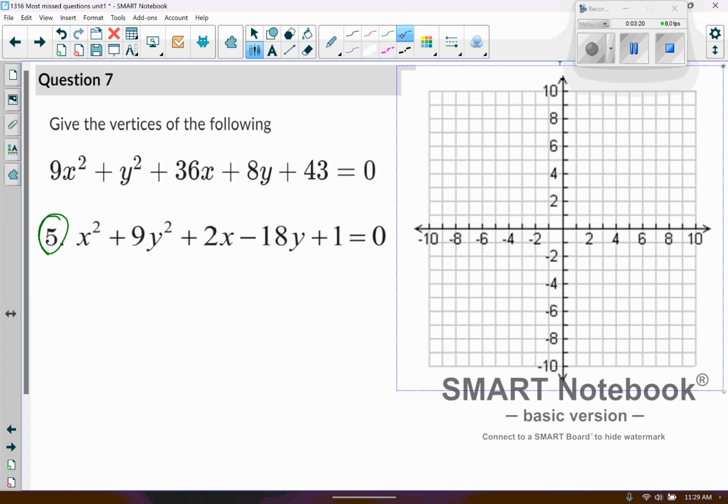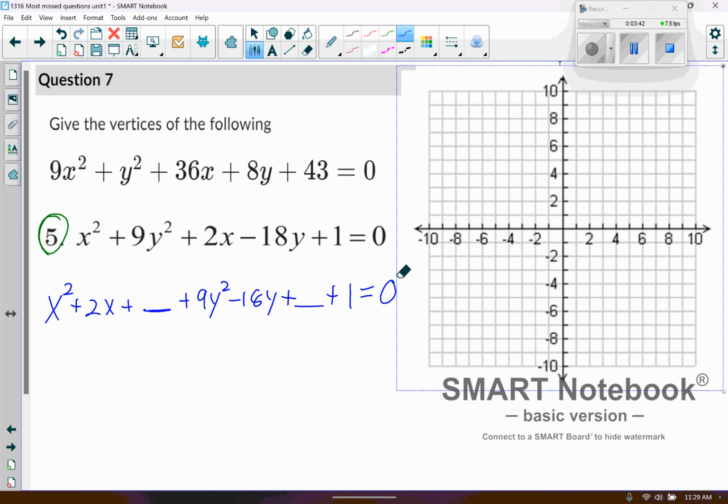So what I'm going to do is I just kind of like to organize this a little bit. So I'm going to have x squared plus 2x plus blank. Then I'm going to have plus 9y squared minus 18y plus blank. And then I'm going to have that plus 1 and then equals 0.